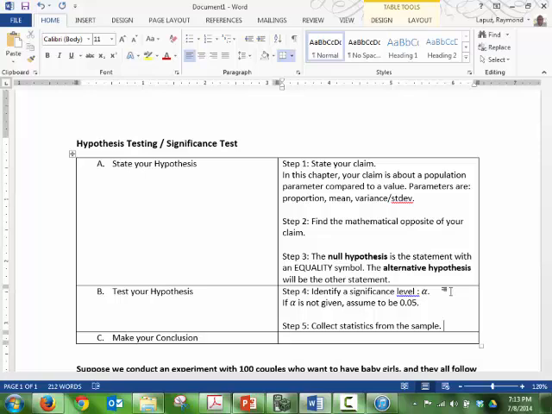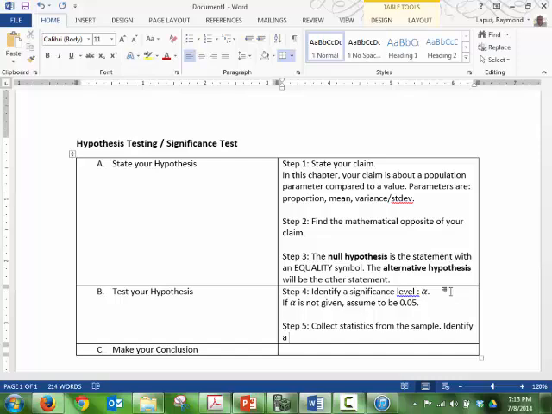I'll just say it's in step 5. We're going to collect statistics based on the sample, which should be given in the problem, to use in a special formula. So we collect statistics from the sample, and then we identify a formula, and that formula is called a test statistic.